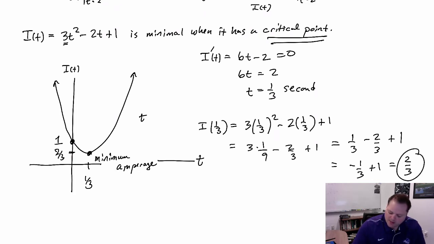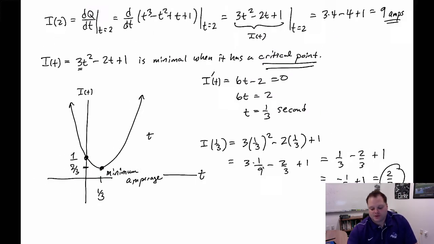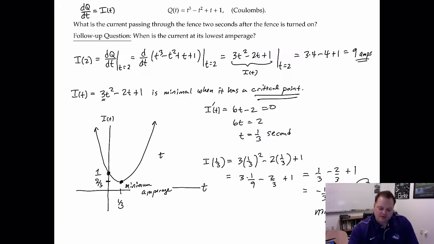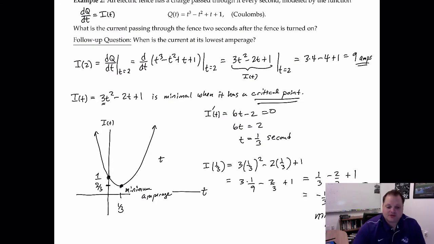So the minimum amperage is 2/3 amps. So that's the minimum amperage that this particular fence would ever have. And 2 seconds after the things turned on, we're back over here around 9 amps.